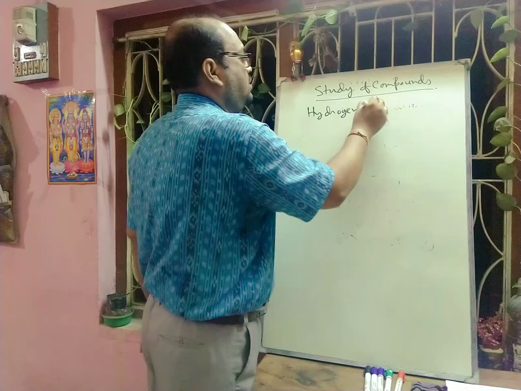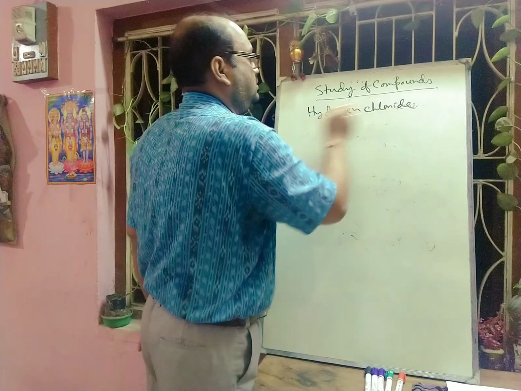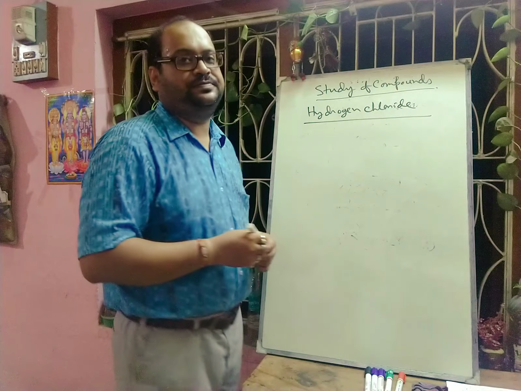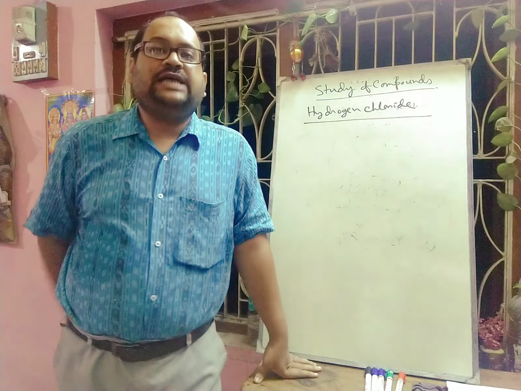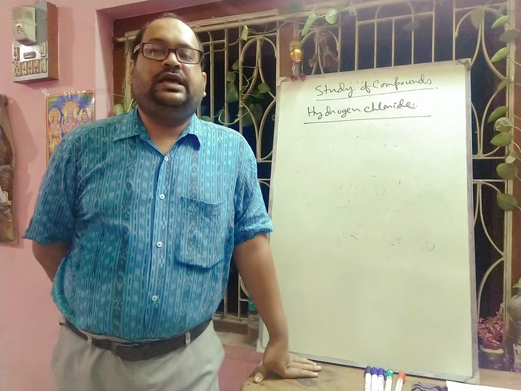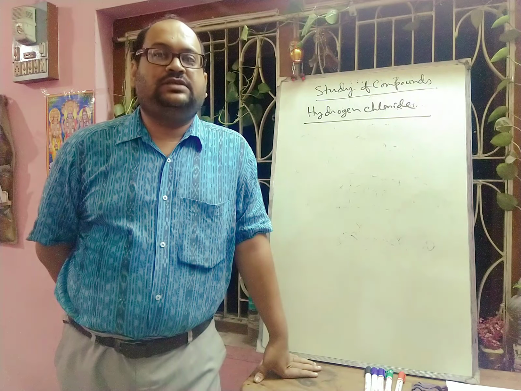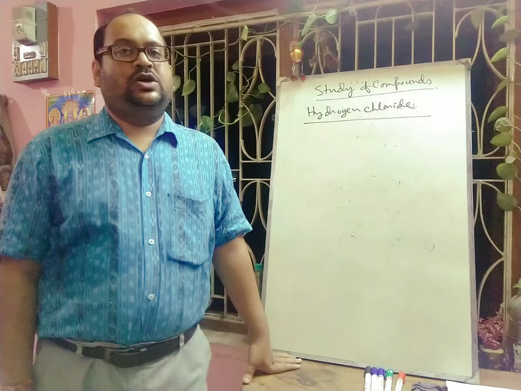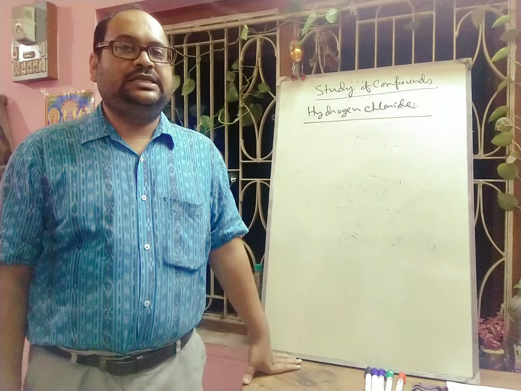Hydrogen chloride. These are past compounds, okay. HCl gas was first prepared in the year 1648 by Glover by heating a mixture of common salt and concentrated sulfuric acid. Joseph Priestley called it marine acid.